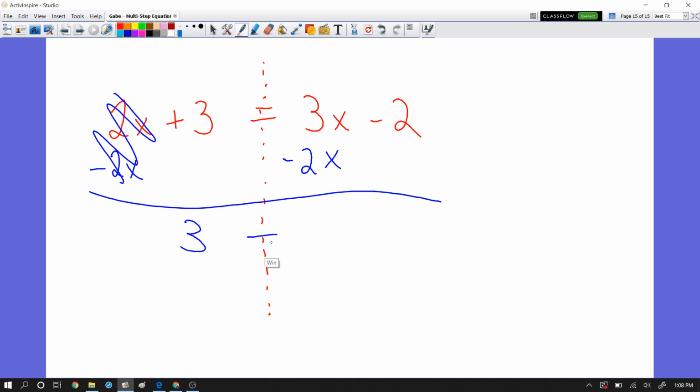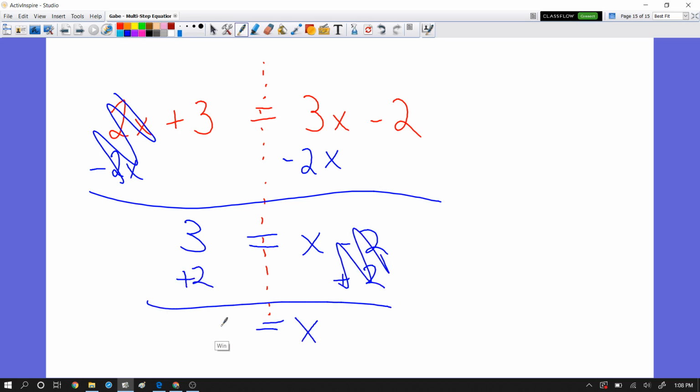So we're left with 3 equals x minus 2. And you can see how that variables on both sides turns into a one-step equation. Then all we're doing is our normal stuff. X equals 5. So it's nothing intimidating. It's just there's just pieces, and those pieces have rules. So give it a shot and let me know what you have a problem with.